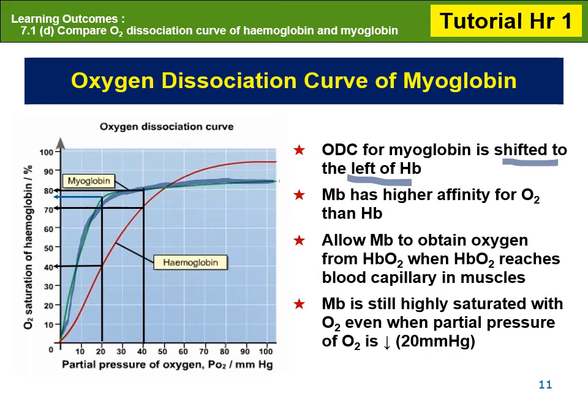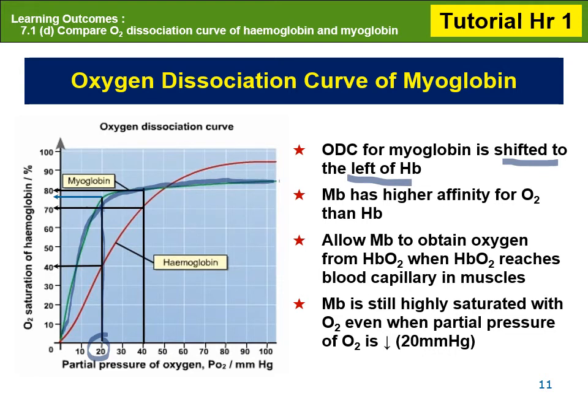Okay, so sebab myoglobin ni adalah dia akan store the oxygen ni dalam muscle kan. Okay, myoglobin is still highly saturated with the oxygen. Kalau lihat kat sini pada tekanan 20 mm Hg ni, myoglobin is still highly saturated with the oxygen. Kalian lihat berapa dia punya, lebih kurang 70 lebih peratus kan.